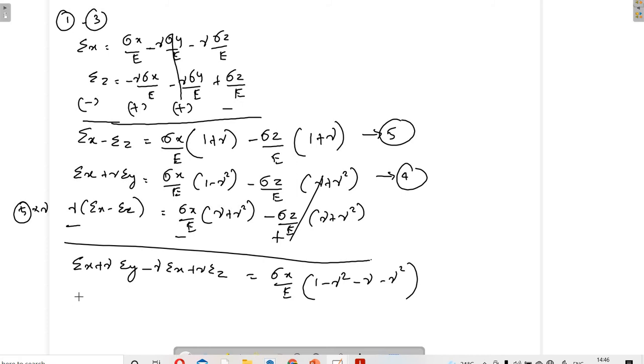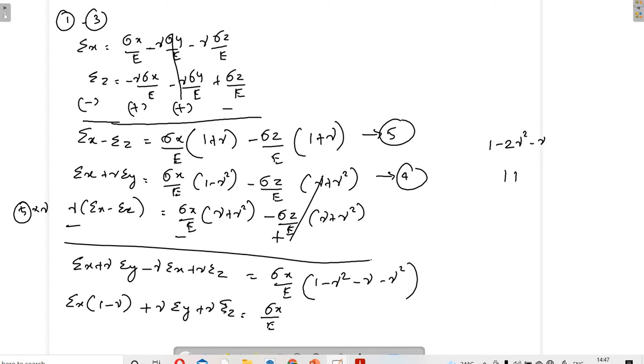If you take epsilon x outside, it is 1 minus nu, because this term and this term have epsilon x, so it is 1 minus nu plus nu epsilon y plus nu epsilon z. Here you can write 1 minus nu minus 2 nu square. So here we can expand: 1 minus 2 nu square minus nu.